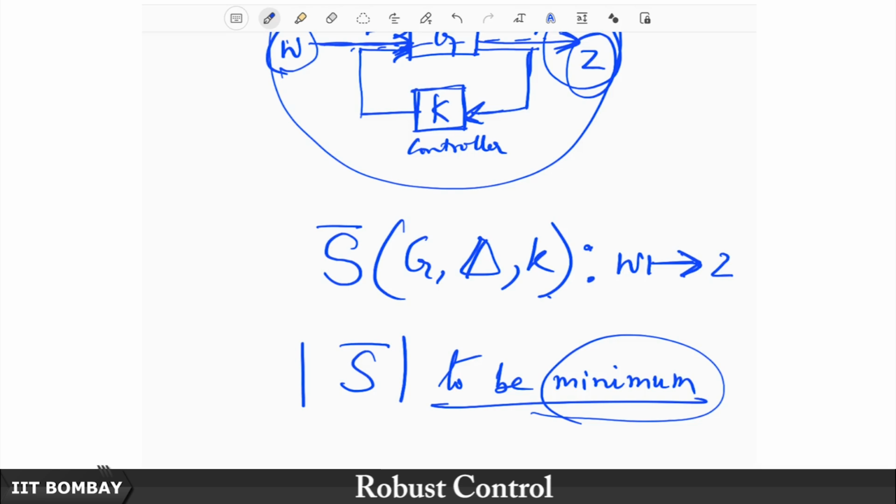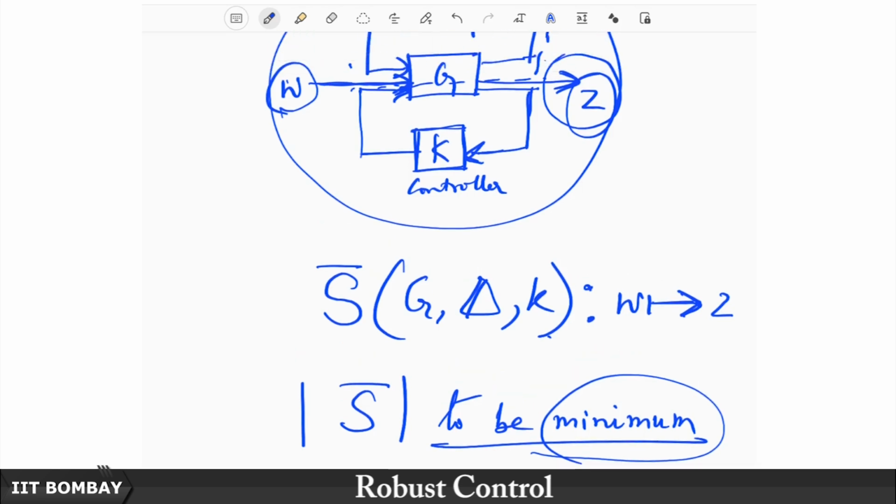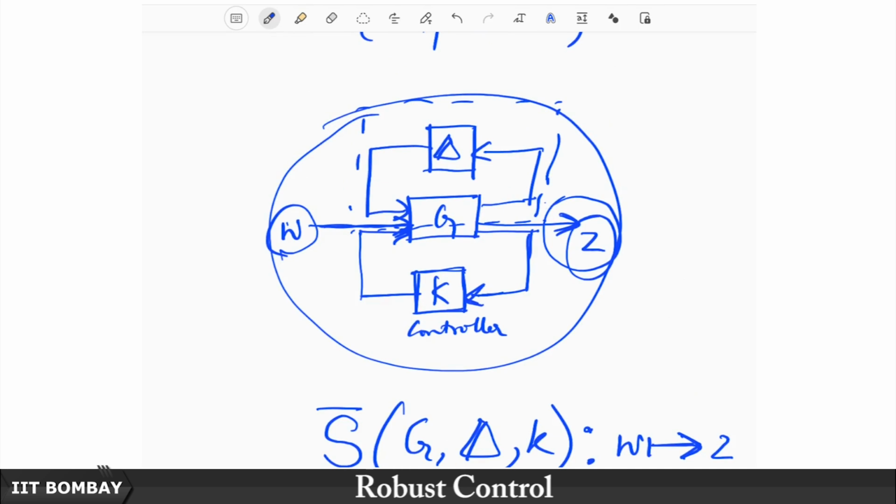You want the reference to be perfectly tracked by the output. So, the way we pose our robust control problem is such that the Ws are always chosen as undesirable signals whose effects we do not want to see in the signals that we want to keep small. Typically the Z will be a vector of all those signals which we want to be small, such as the error signals. So it is not the absolute value of the output, but Z would contain signals like R minus Y, the difference between the reference and the output. That is how we pose the problem.